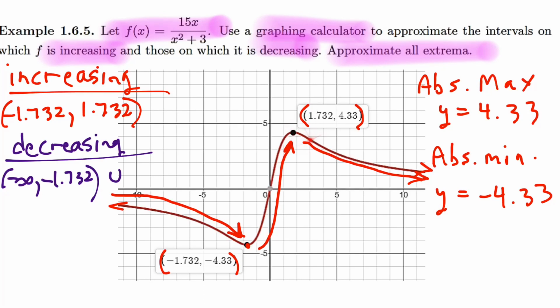This one is decreasing, starting at x is equal to 1.732, all the way to infinity. When we get into calculus, we'll use derivatives to find these local max and min values, but right now we're going to use the graphing calculator.